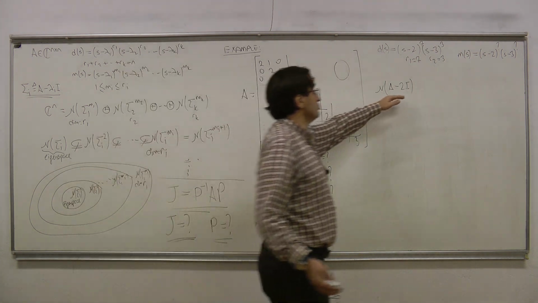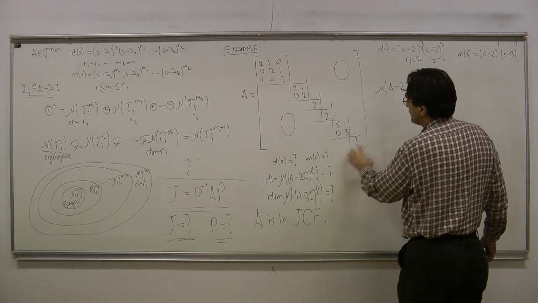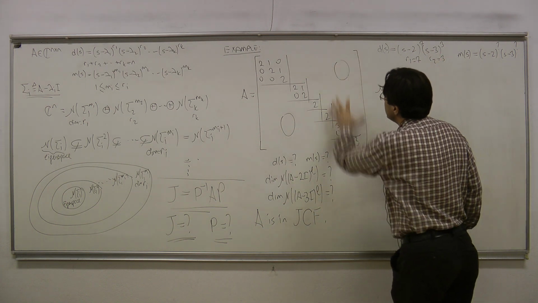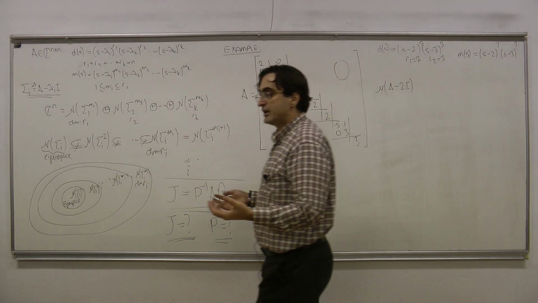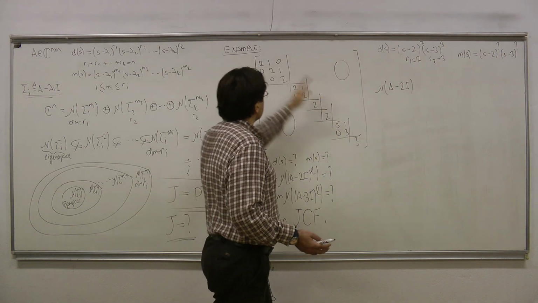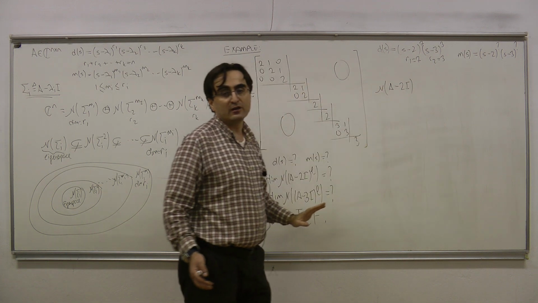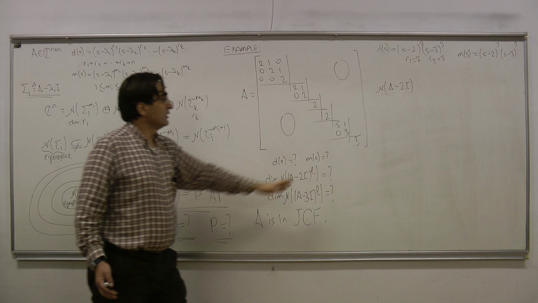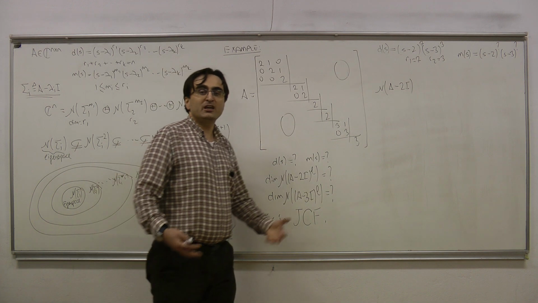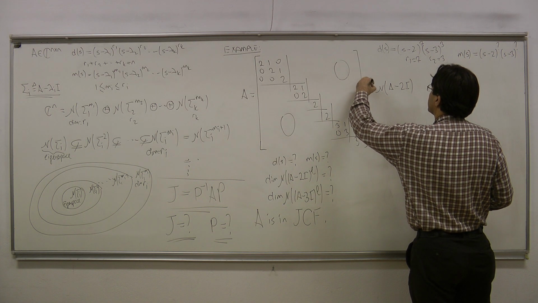So the parts of the matrix belonging to the other eigenvalue, 3, will not contribute to the null space dimension at all. Only the columns related to the eigenvalue 2 will contribute to the dimension of this null space. The columns belonging to the other eigenvalues will not be able to contribute at all. So let us try to write this dimension.